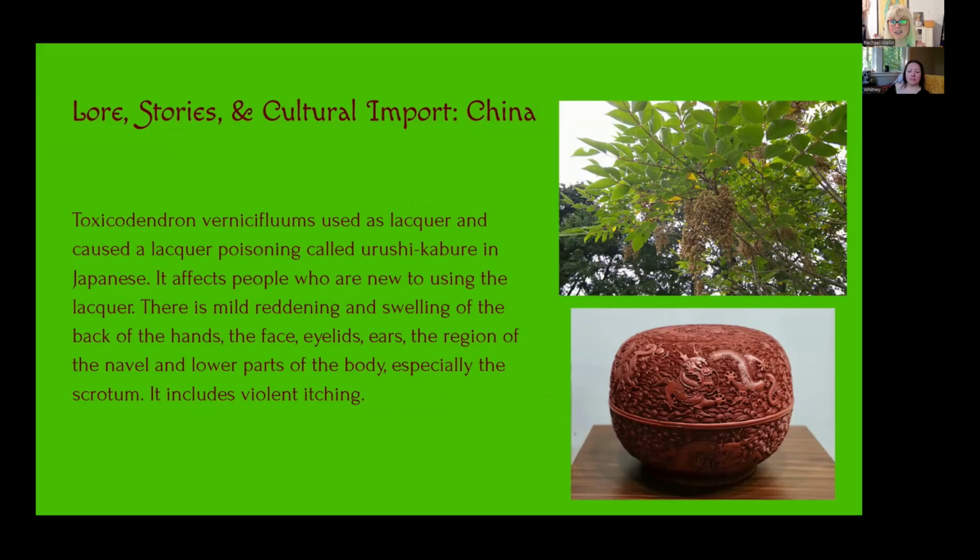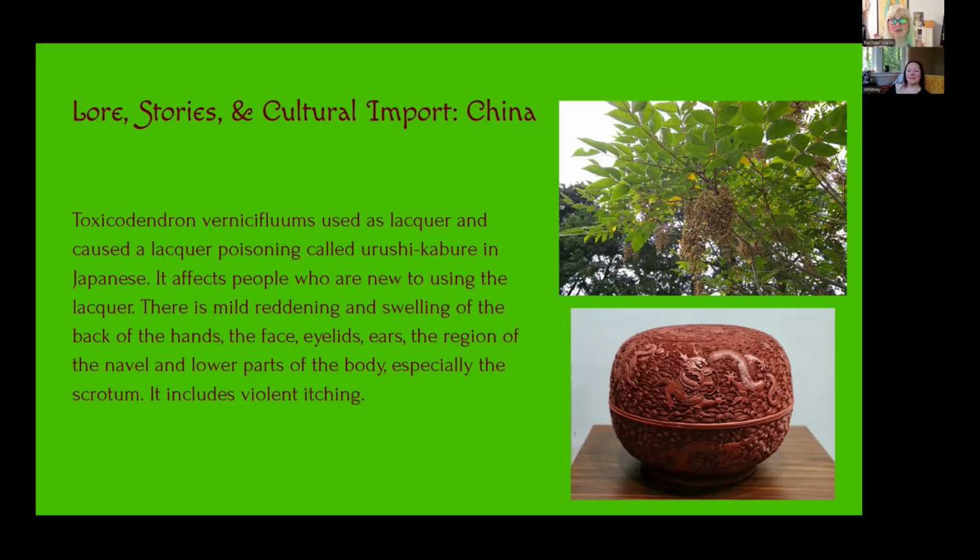Okay, and it affects people who are new to using the lacquer. If you're new to using the lacquer, there's this mild reddening and swelling of your hands, face, eyelids, even the lower parts of your body, and especially the scrotum. Oh funny. God. So this is that lacquer poisoning.